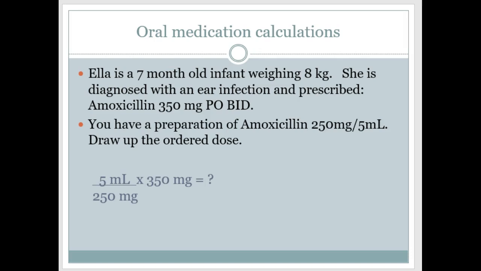So then we're going to take 5 milliliters over 250 milligrams times our dose that we need to deliver. I always like to simplify that down, so 5 goes into 250 50 times. And so we're going to take 350 and divide it by 50.